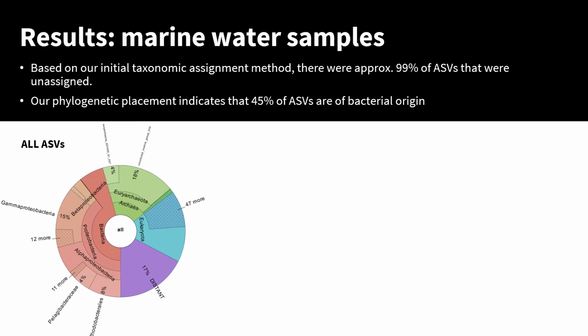These distant assignments are those that didn't fit into any of the included domains, and so we believe it's possible that these could represent things like viruses or maybe sequencing errors. Also recall that only 1% of these ASVs were assigned taxonomy by blasting the sequences against the Midori database.